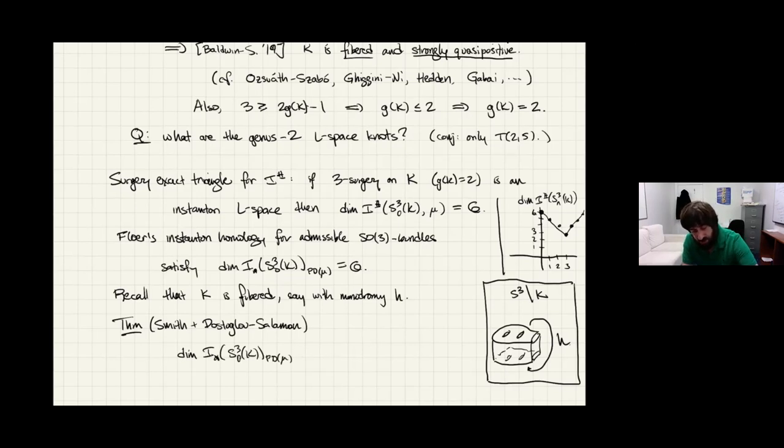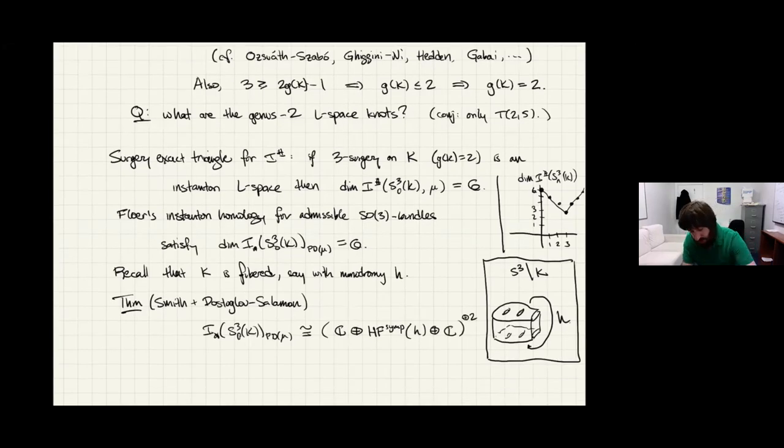I mean, maybe I should write it a little differently. It's not just about the dimension. It's saying that there's an isomorphism between that and something which has the form C plus the symplectic Floer homology of almost the monodromy of H, plus another copy of C, and then we have to take two of these.